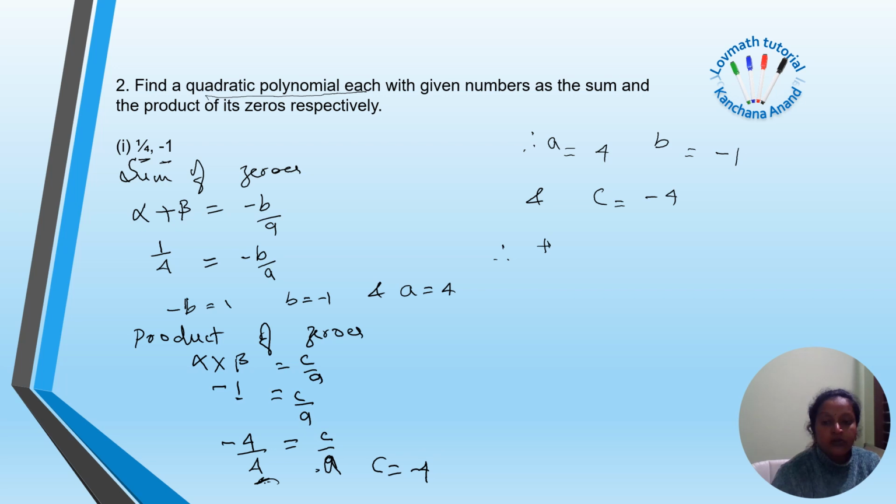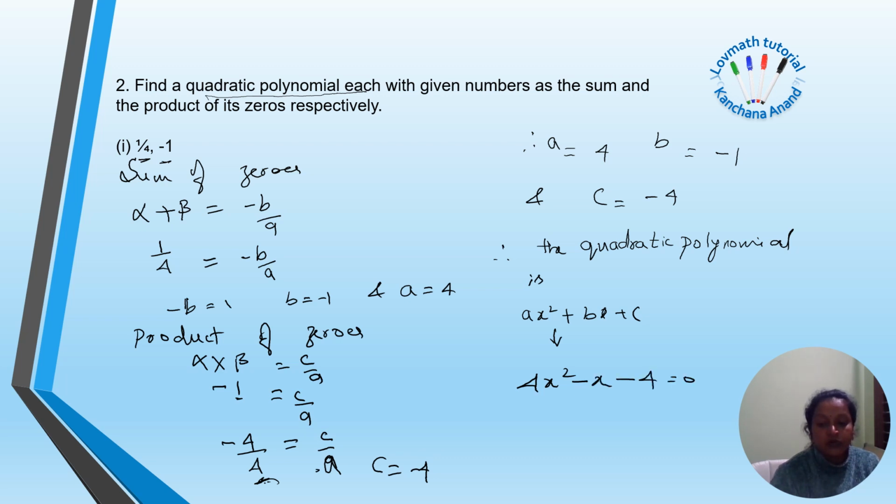Therefore the quadratic polynomial is ax square plus bx plus c. That means here it is 4x square minus x minus 4 is equal to 0. This is the quadratic polynomial.